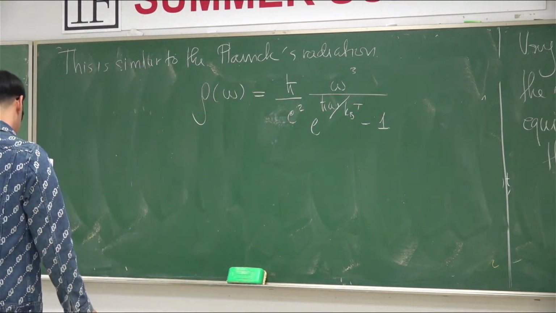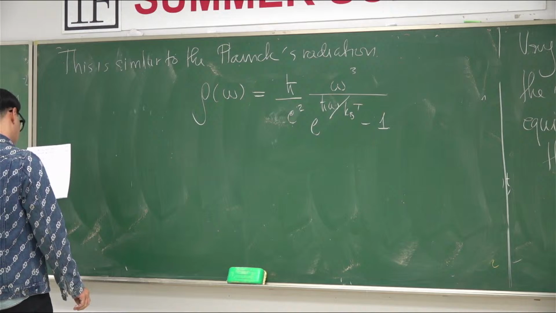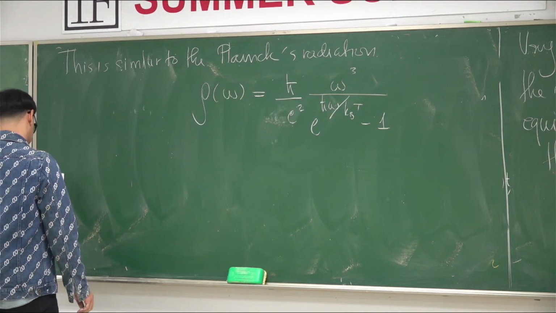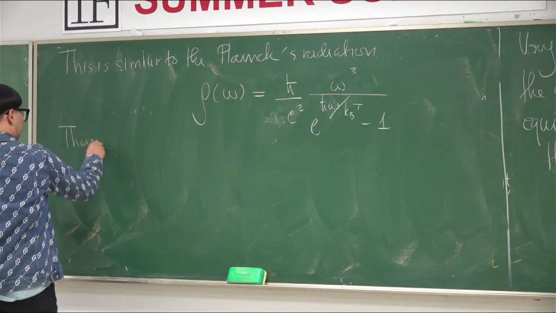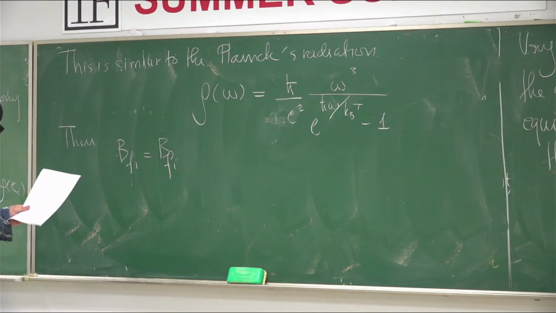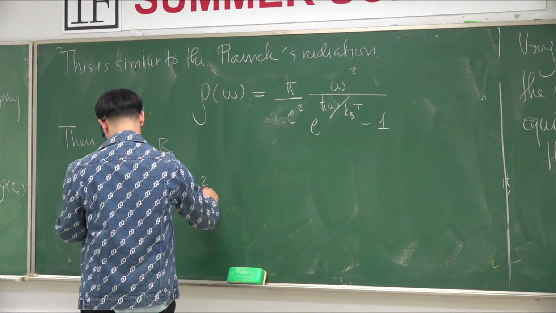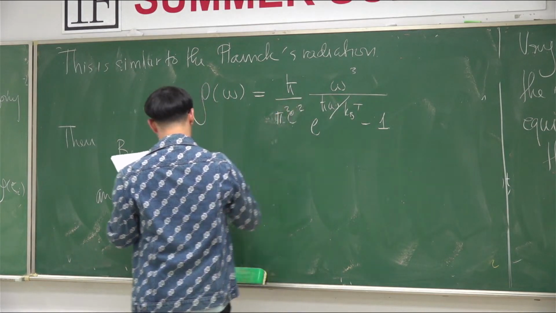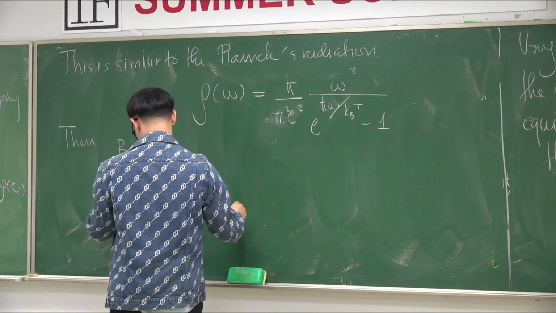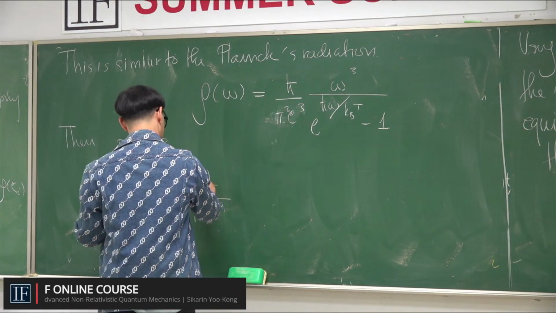If I get it right, then these two factors, it should be pi squared, right? h pi squared c to the third, I believe. Okay, yes, that's right.